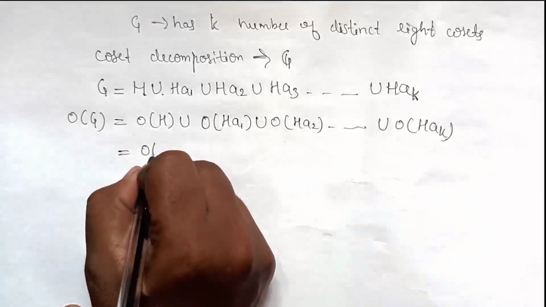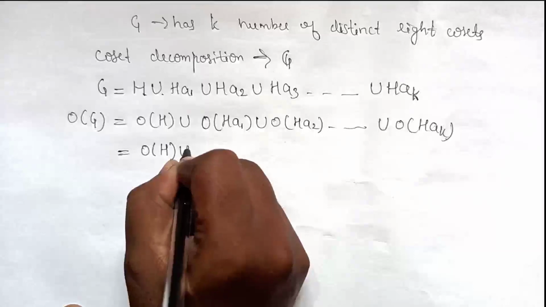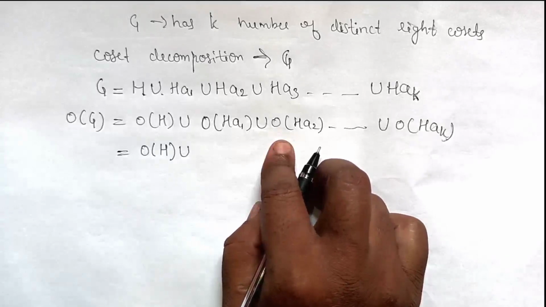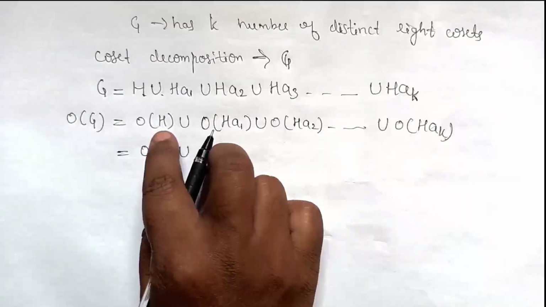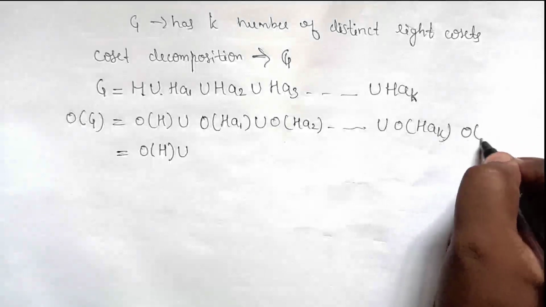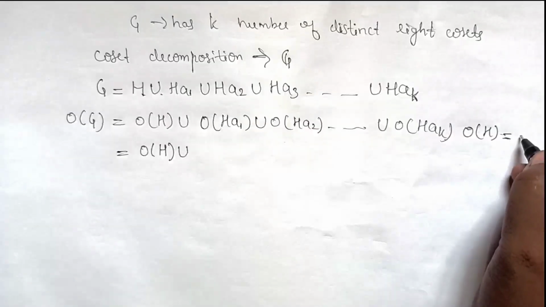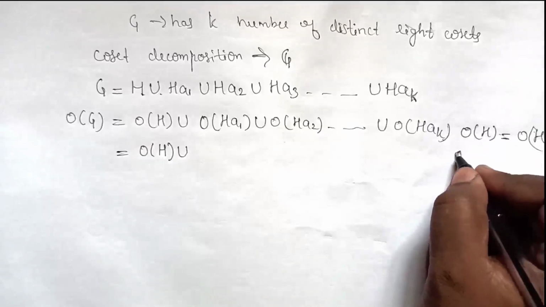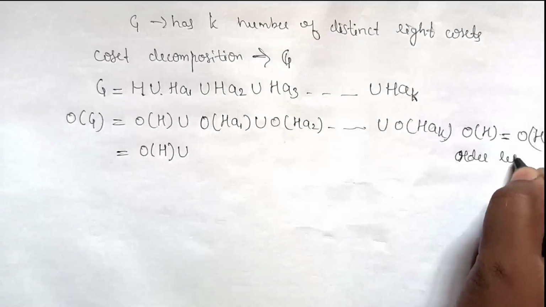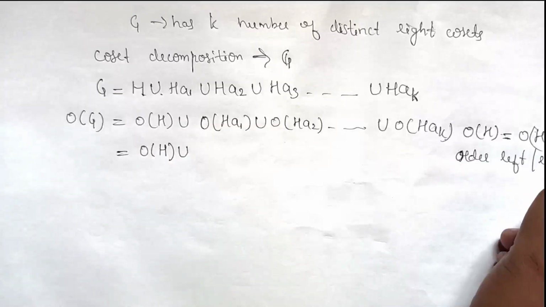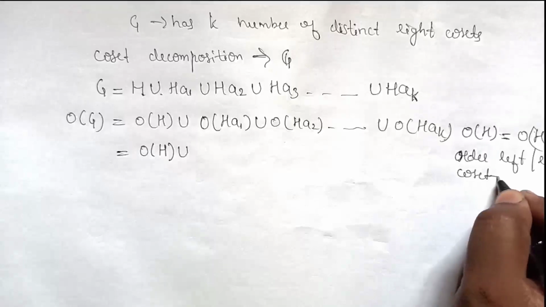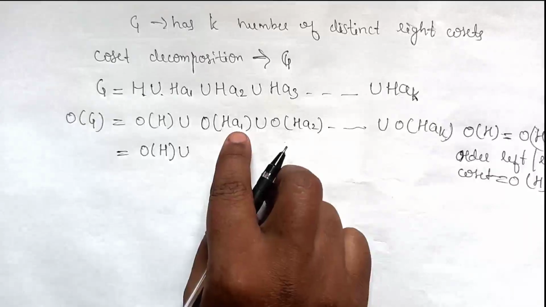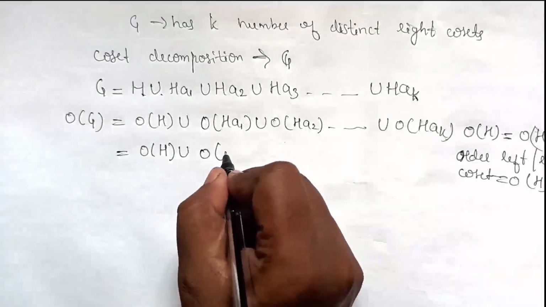We know that all the right cosets or left cosets have the same number of elements as H. That means order of H equals order of Ha1, that is, the order of any left or right coset equals the order of H. Therefore, in place of order of Ha1 we can write order of H.